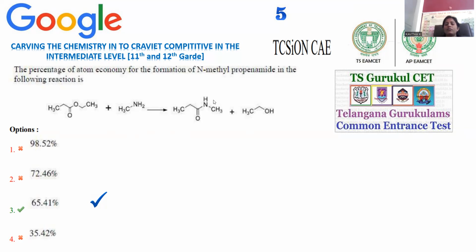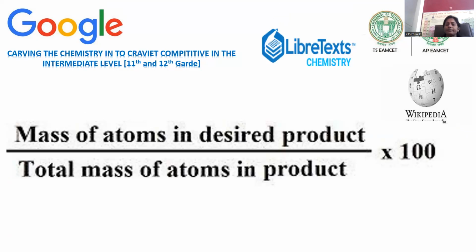They're asking what percentage atom economy is accounted for the compound we are expecting. That will be 65.41 percentage. Let me show how to calculate this atom economy. Atom economy can be calculated by using a simple formula: mass of the atoms in the desired product divided by total mass of the atoms in the products, multiplied with 100.